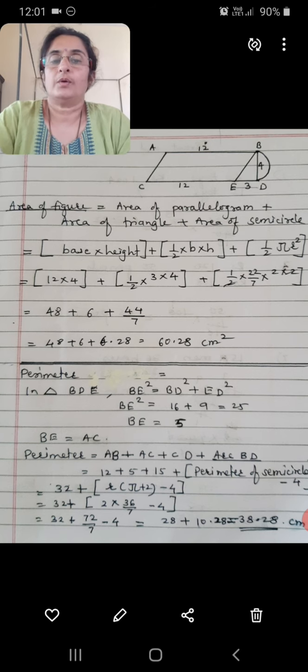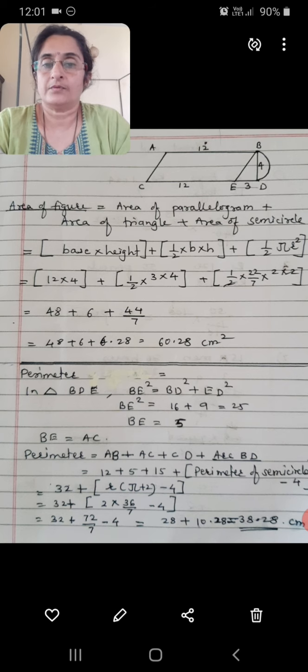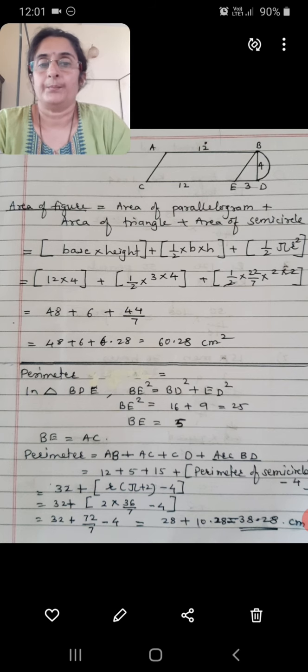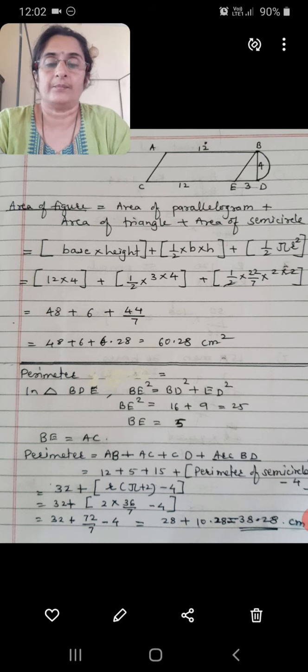Fine. So area of the parallelogram, what is the formula? Base into height. Base is given as 12 and height is 4, because BD is the height of that parallelogram. So that 4 we are going to take as the height of the parallelogram. Next, area of the triangle is half base into height.